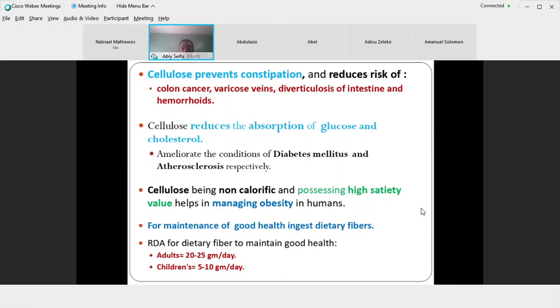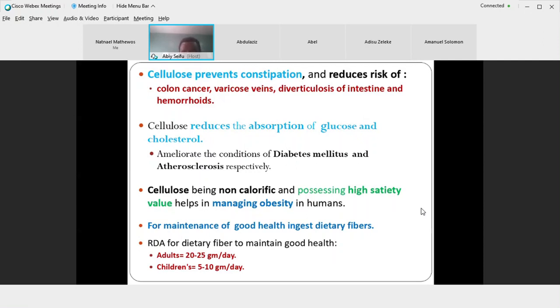Just like other dietary fibers, cellulose also reduces the absorption of glucose. That is good for diabetic patients to manage their blood glucose levels. At the same time, cellulose or dietary fibers are also good to reduce blood cholesterol levels. How? What are the mechanisms?